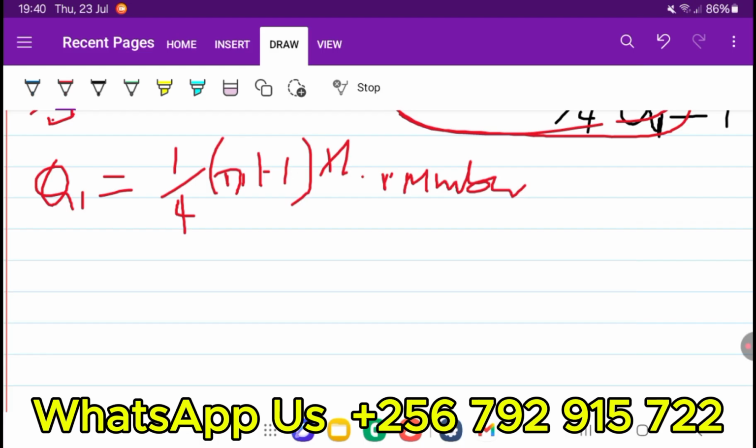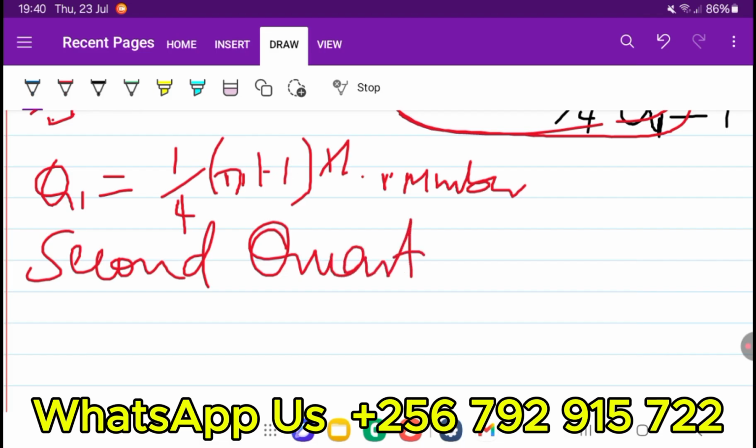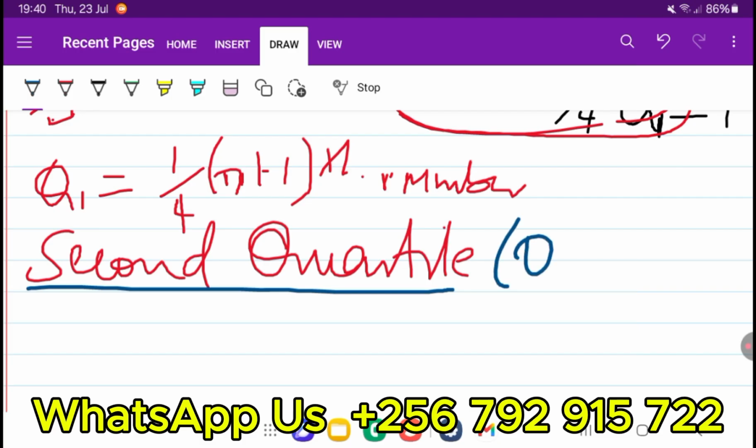Then we look at the second quartile, the Q2.